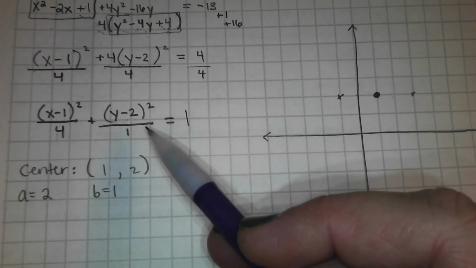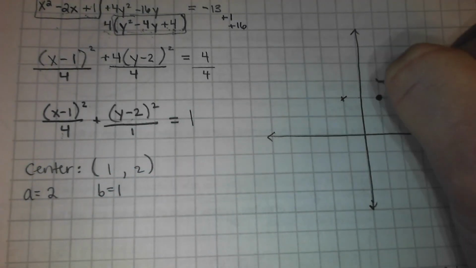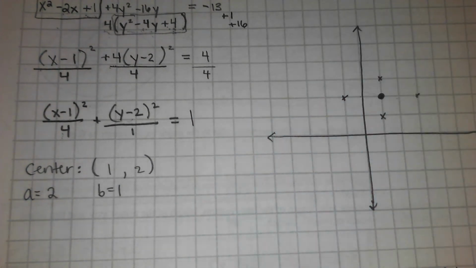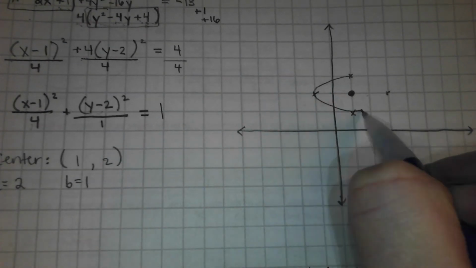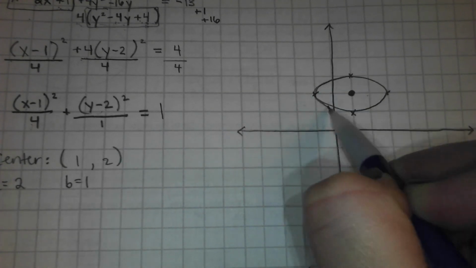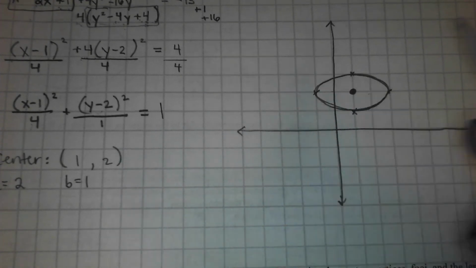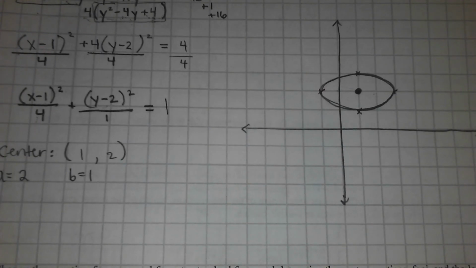And only vertically 1. 1 up from the center and 1 down from the center. And there's the bulk of it. Those are the main features, obviously, of an ellipse. Those are the points that we connect to get it.